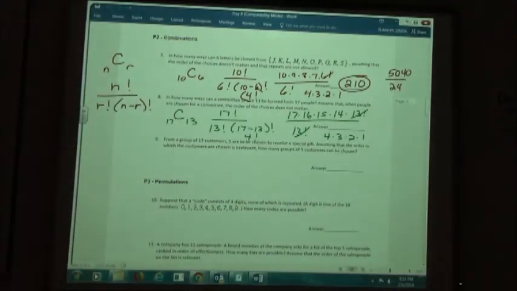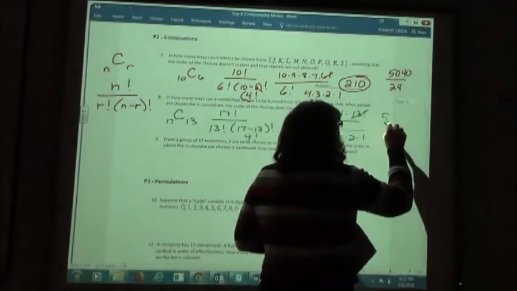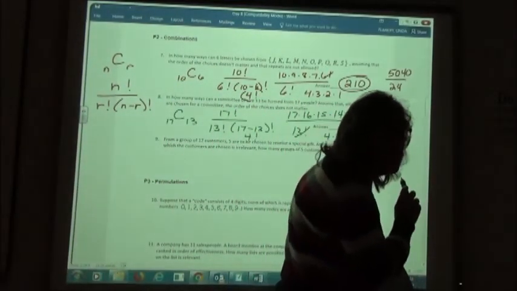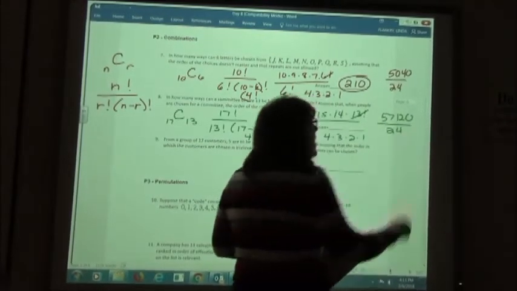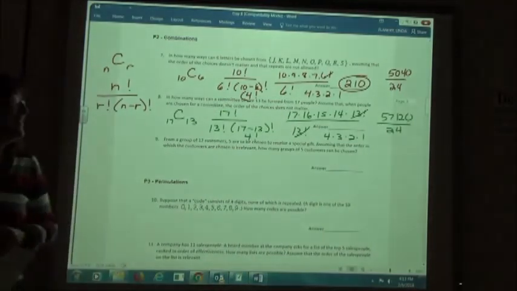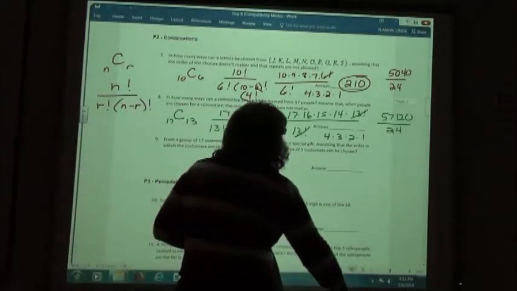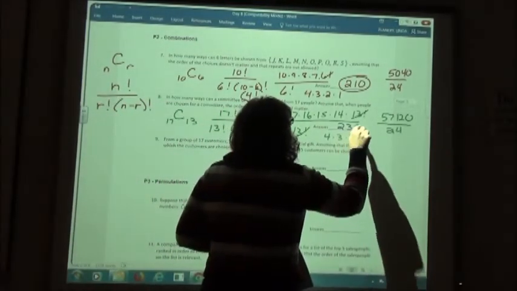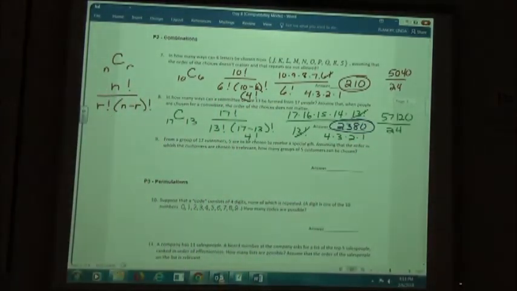On the top, we would get 57,120. On the bottom, we got 24 again. So when we divided 57,120 by 24, we got 2,380. So there are 2,380 ways to get a committee of 13 people if I have 17 to choose from.